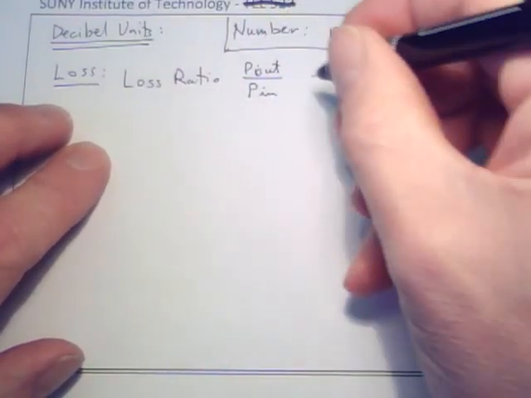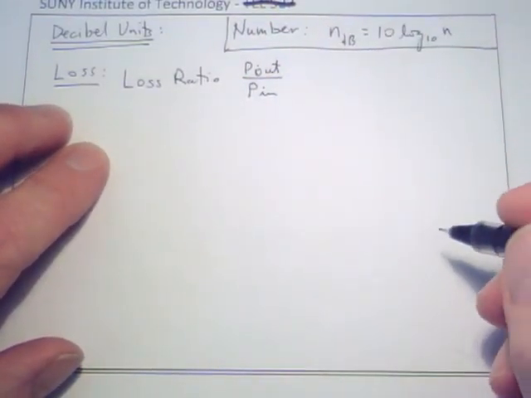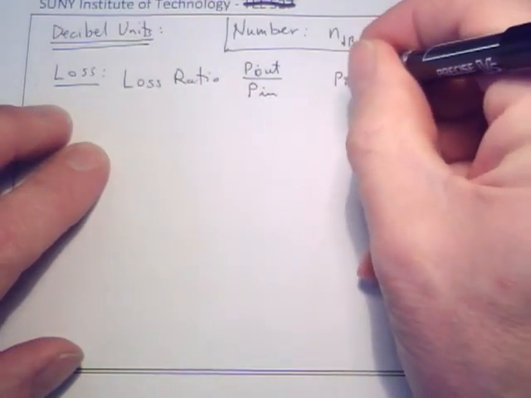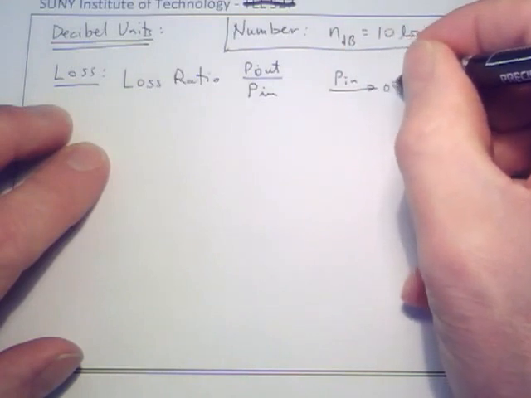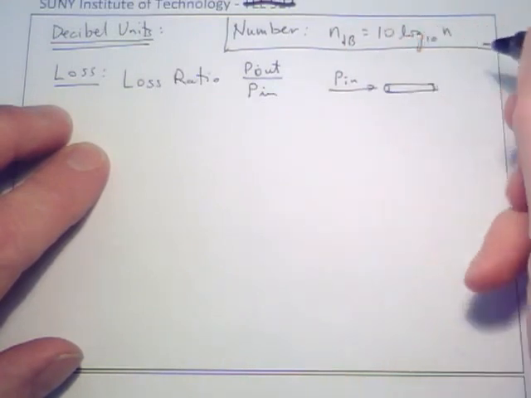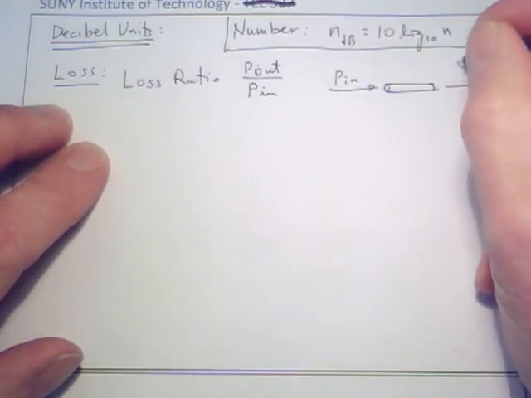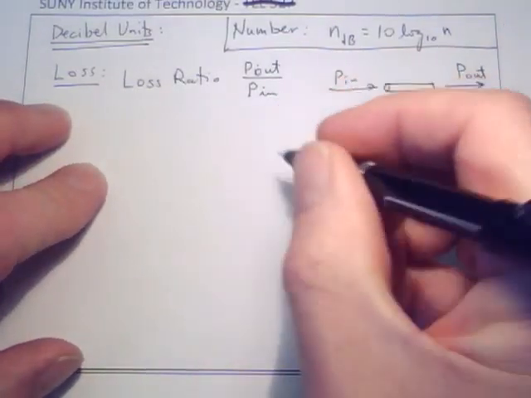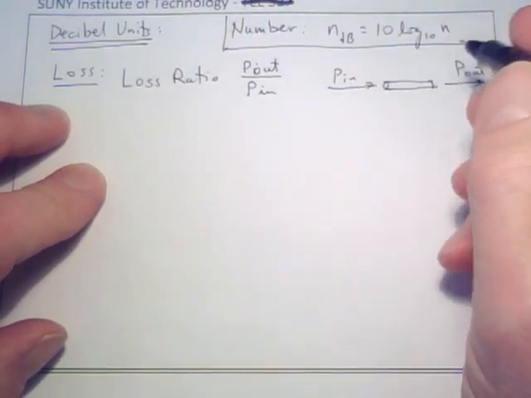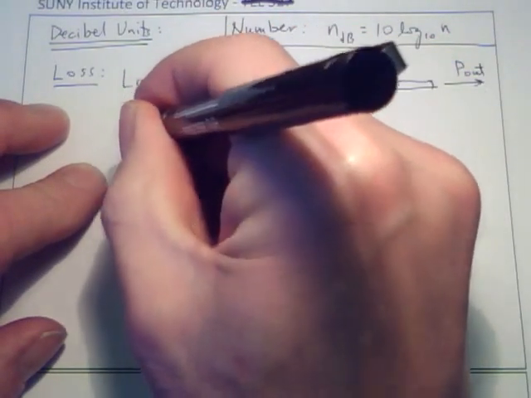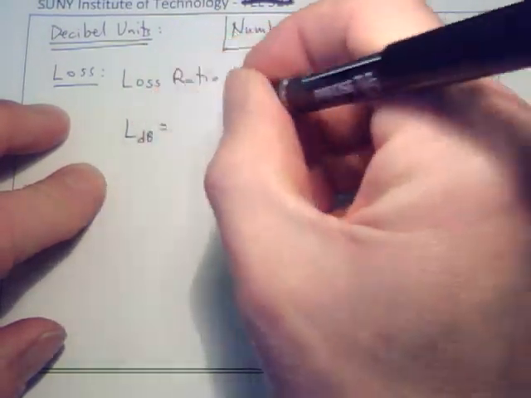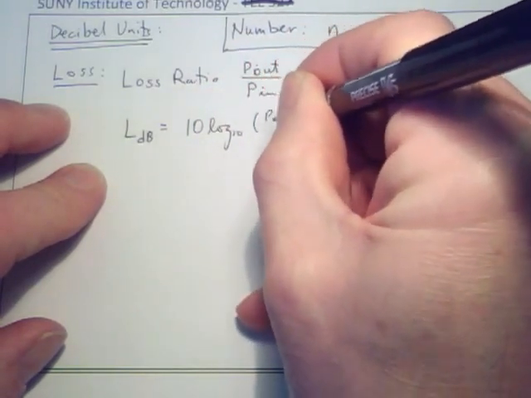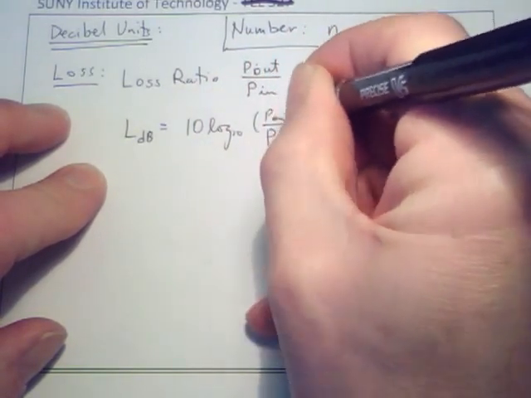This gives the fraction of power lost as we go through a medium. I'll draw the medium as a little pipe here, and put P in and get P out. With a loss ratio, the loss in dB is minus 10 log 10 of P out over P in.